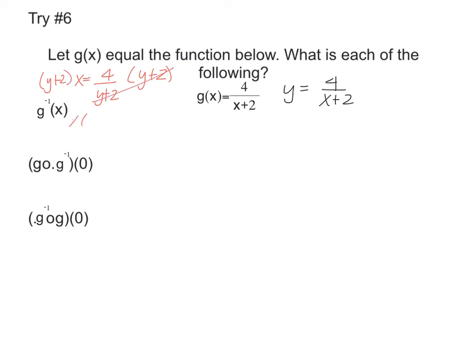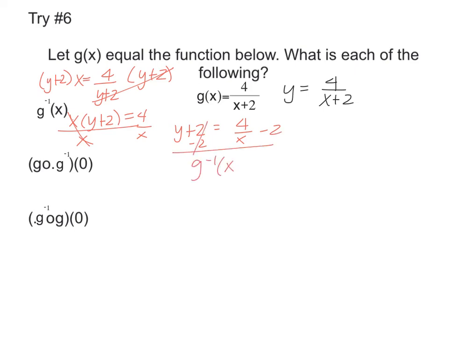So now we have x times y plus 2 equal to 4. Then we're going to divide by x. So we have y plus 2 equal to 4 over x. Then we subtract 2. So the inverse of g equals 4 over x minus 2.